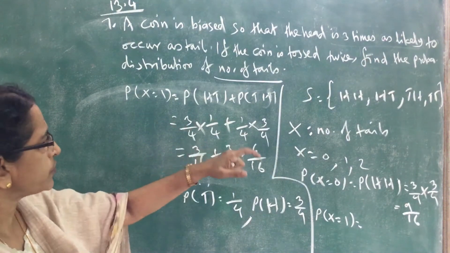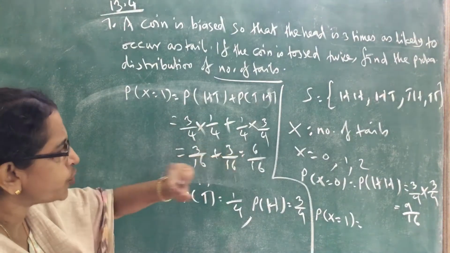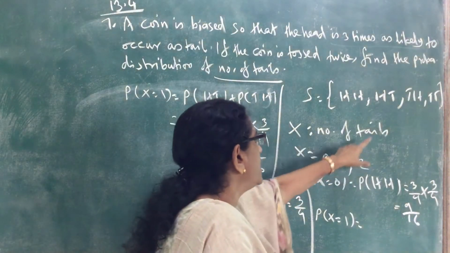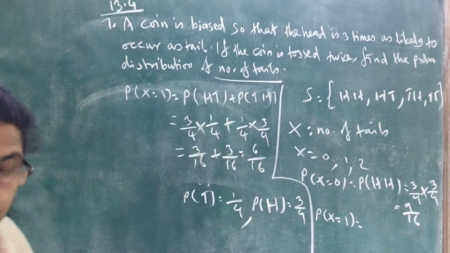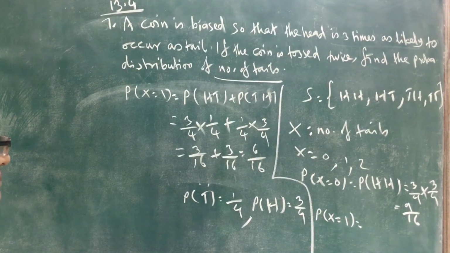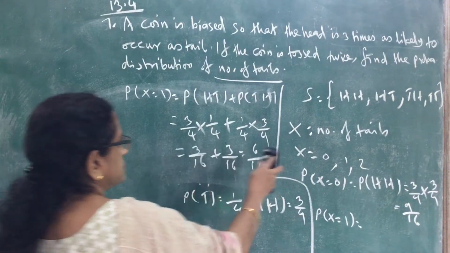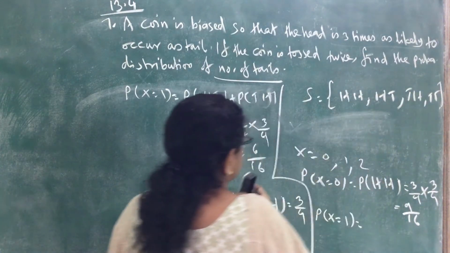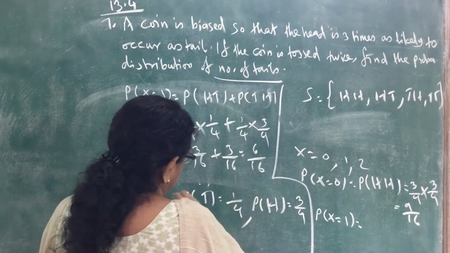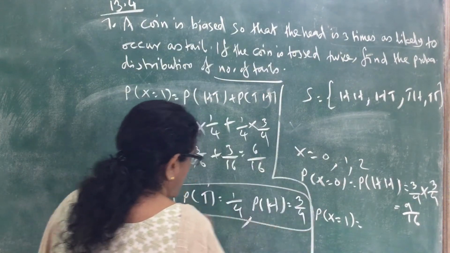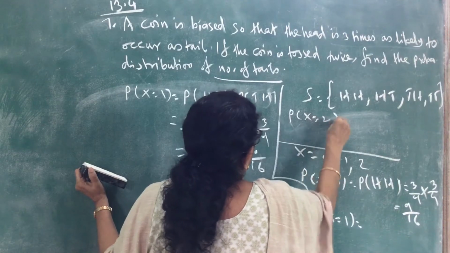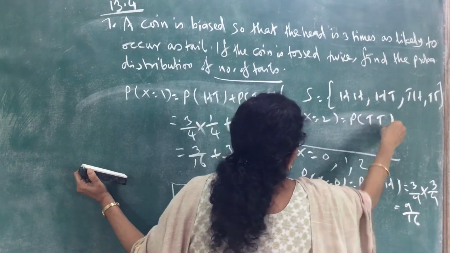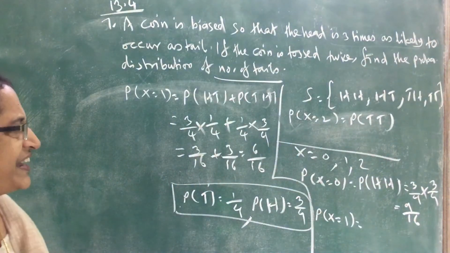Now probability that X equal to 2, that means number of tails 2, that is TT, probability of getting only TT. Both tosses getting tail.